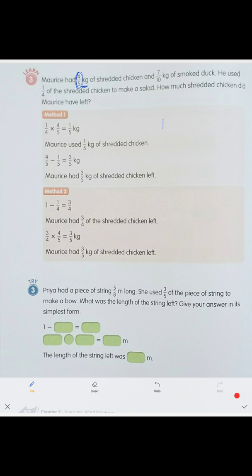If you draw your units, he had, I don't know, the whole one can represent 10 kilograms, it can be 100 kilograms, it can be whatever whole number, and it's going to be easier, right? But they give you some fraction, 4/5 kilogram, which, if you think about it, is 800 gram, right?